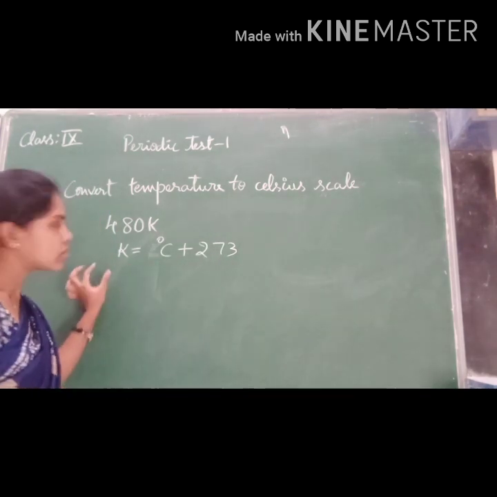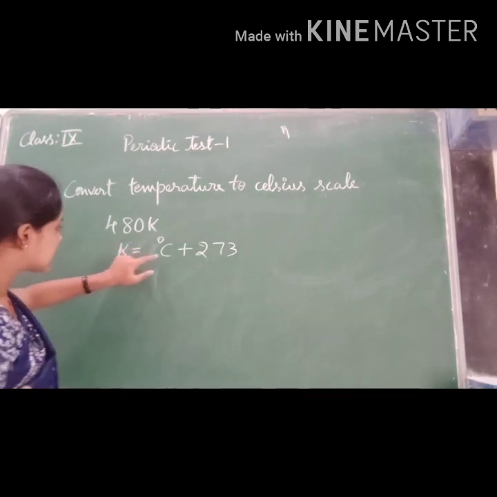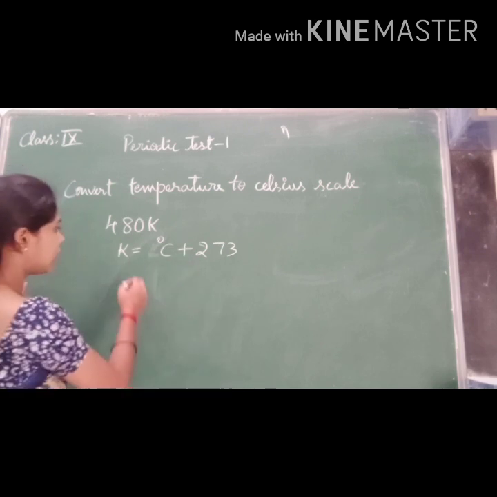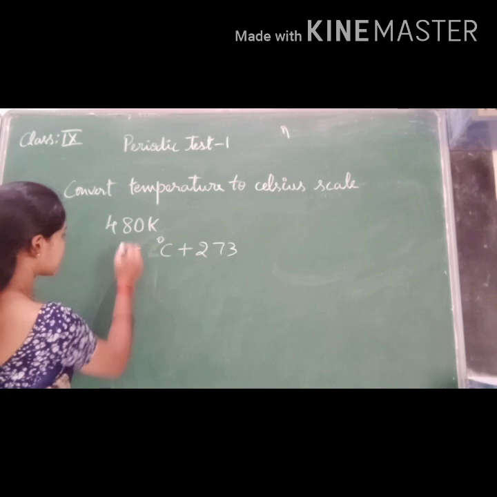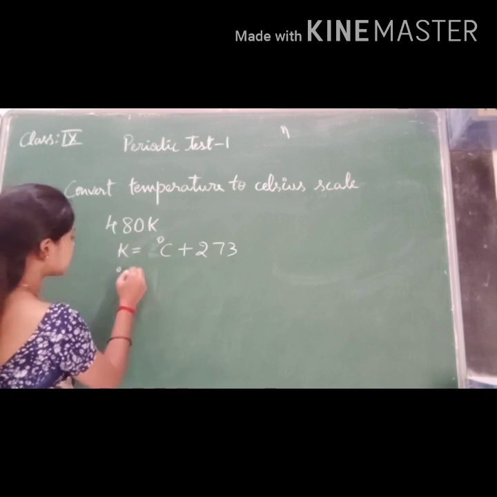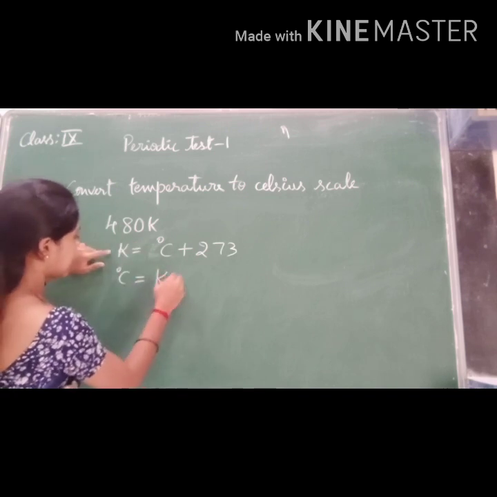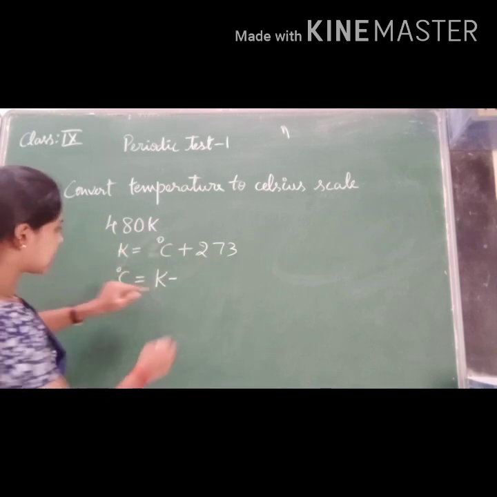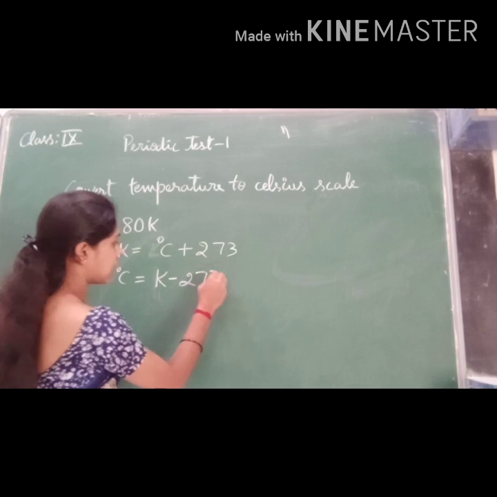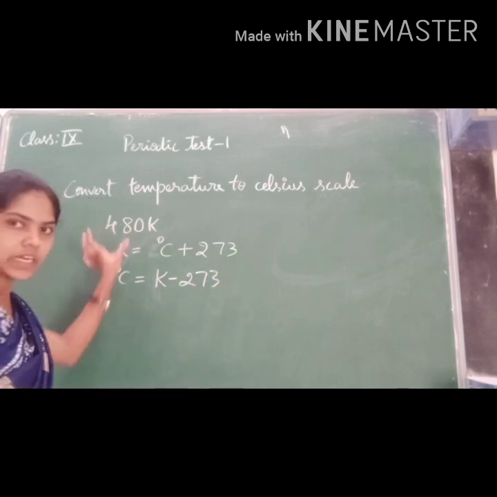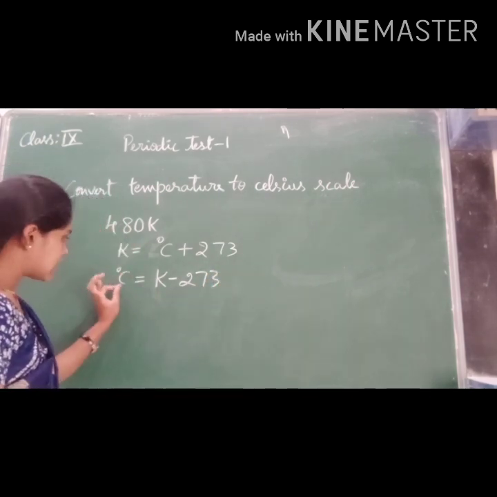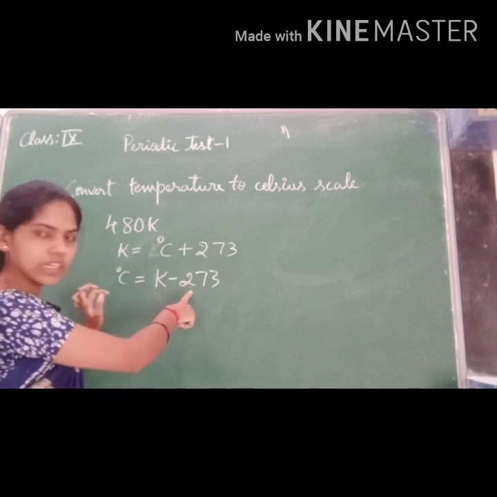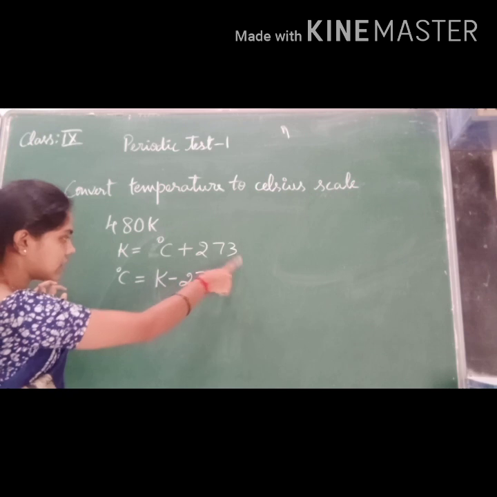To get Kelvin, we add 273. Now we are converting temperature in Kelvin to degree Celsius. So degree Celsius is equal to K minus 273, transposing this to the left side. I want the given temperature in the Celsius scale, so I have to subtract 273. K minus 273.